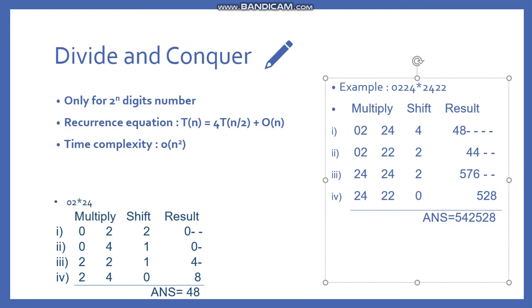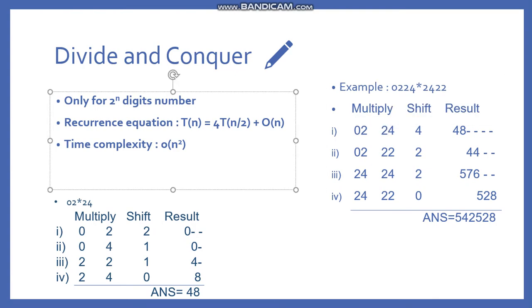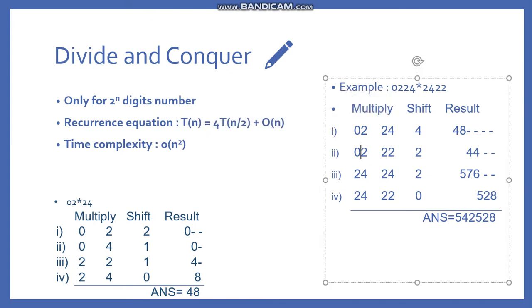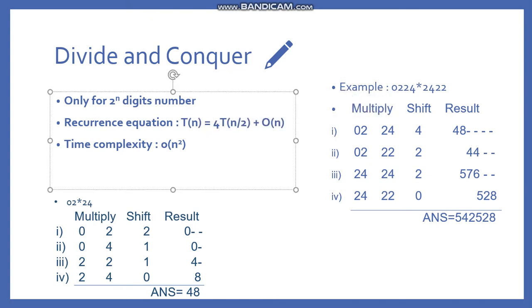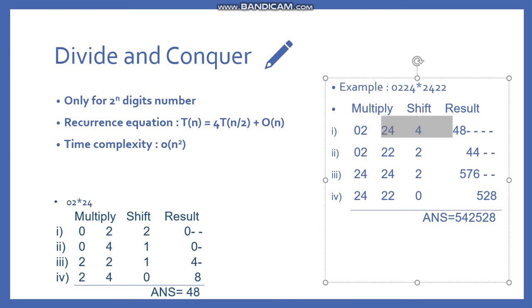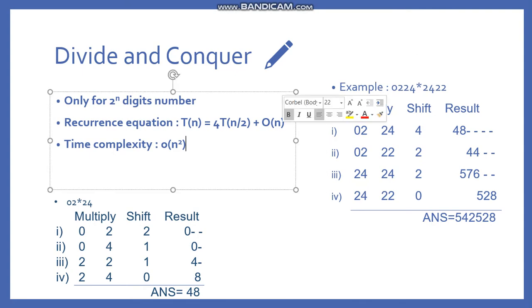So we need to multiply numbers of size n by 2. This is the recurrence equation for this method. We have 4 multiplications of size n by 2, and we need order n time complexity to merge all the operations for the answer.